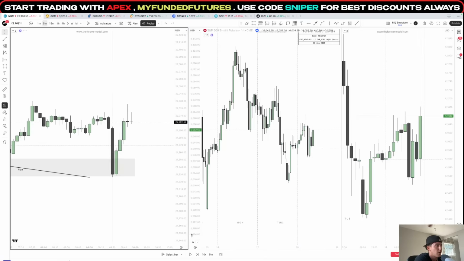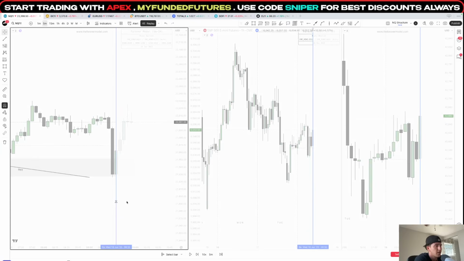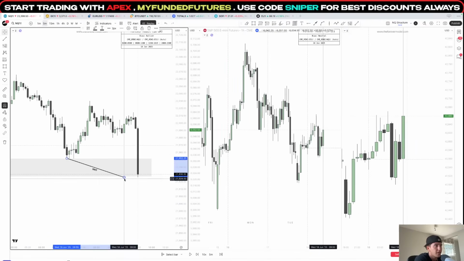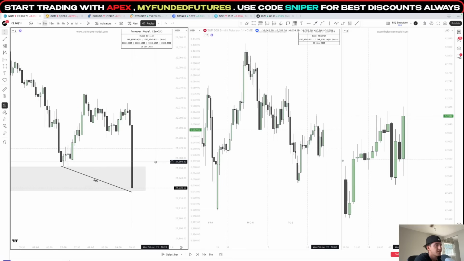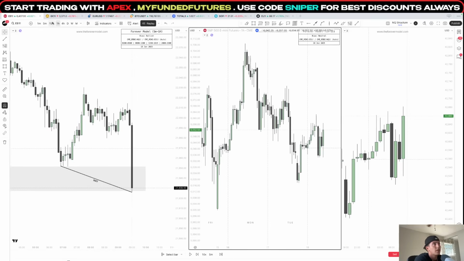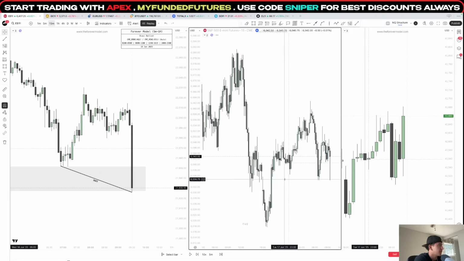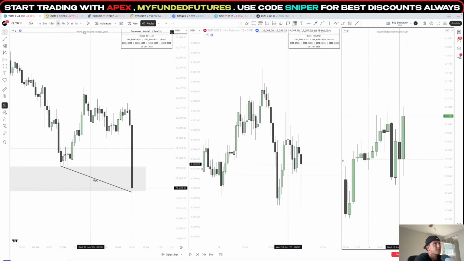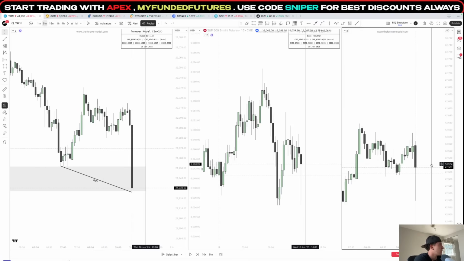Now go back in time. Focus on the key times of when price is doing certain things. Now, this big down close candle here is equities open. What did I tell you guys already about equities open?